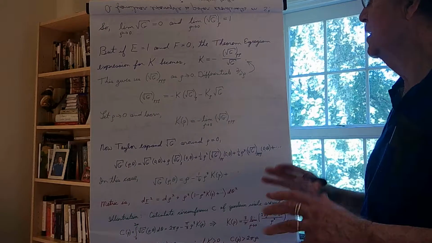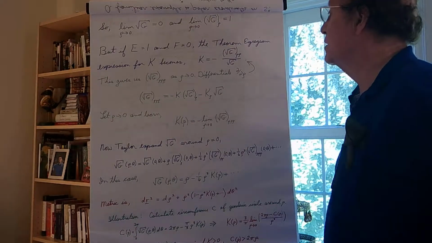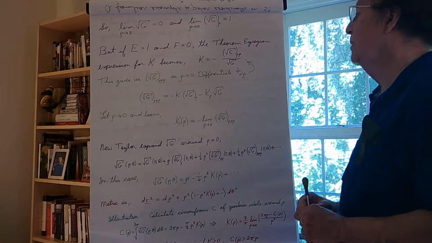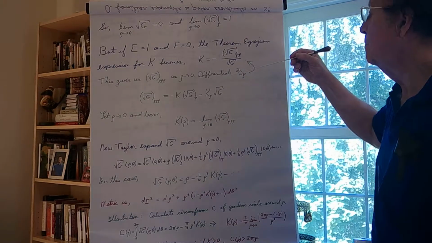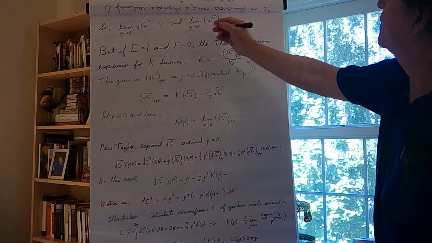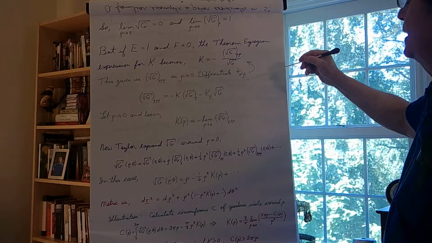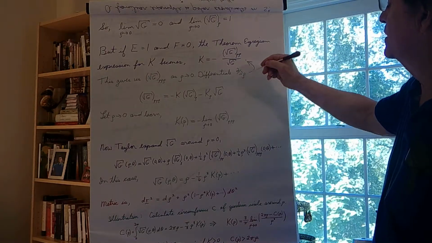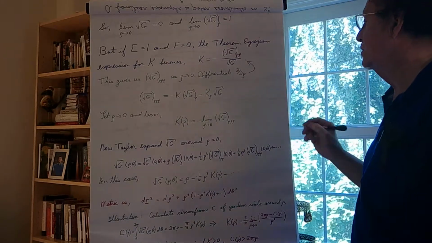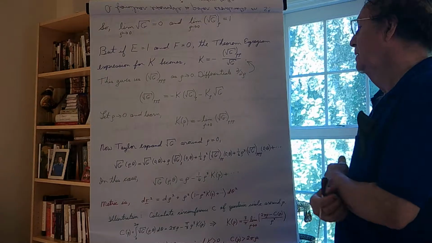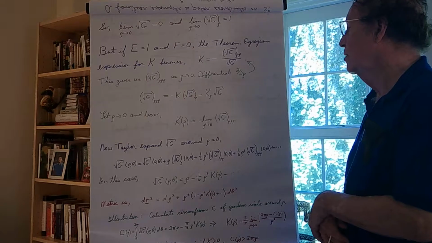I'm only interested in things when rho is small. What's the geometry in the vicinity of the point P, and how do I parameterize it? Well, when rho goes to 0, I have these two identities playing out for me. So this term goes away, and this coefficient goes to 1. So here's another expression for the Gaussian curvature. It's just minus the limit when rho goes to 0 of the third order derivative of the square root of g.